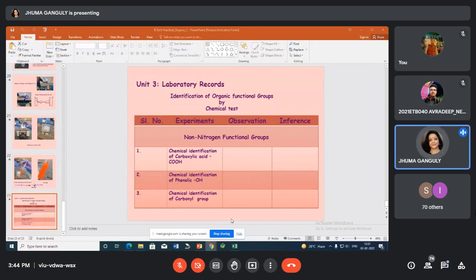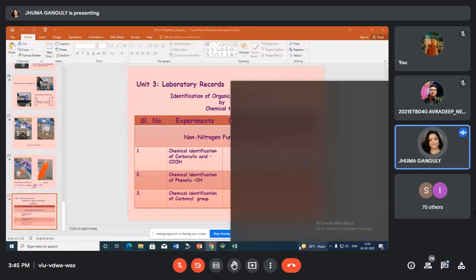So after discussing, and you have this mid semester too. After mid semester we'll come one day to complete the nitrogen-containing functional groups. There are actually only three: amide group, aromatic nitro, and aromatic primary amine. We will discuss these three groups, and after that you will write down all the procedure this way: experiment, observation, inference.